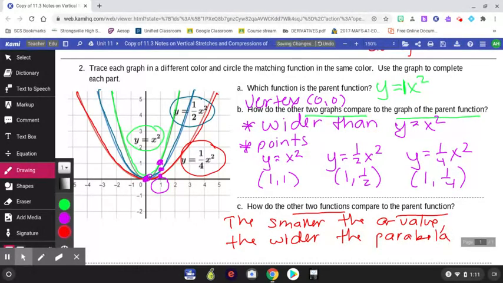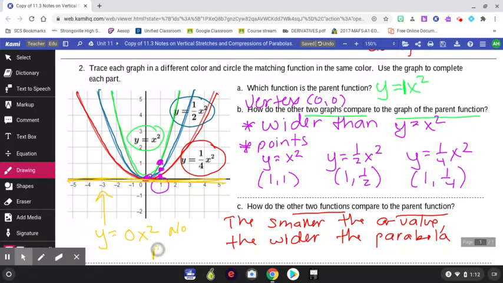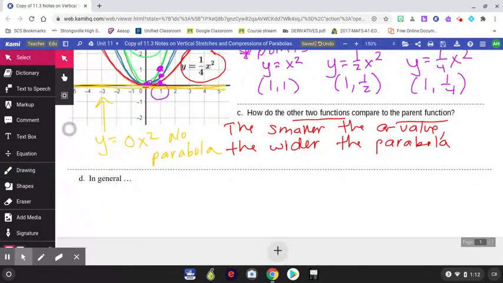In fact, if I had the equation y equals 0x squared, you would actually get a horizontal line like this. You no longer have a parabola, because the x squared term no longer exists. Okay. And so when we say the smaller the a value, the wider the parabola, that's true down to the number 0.